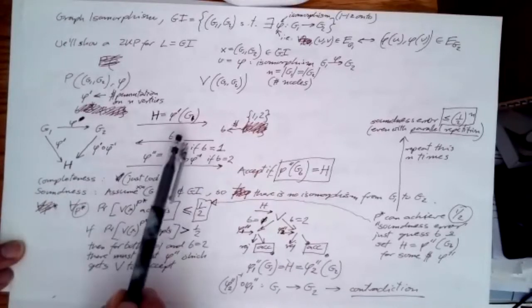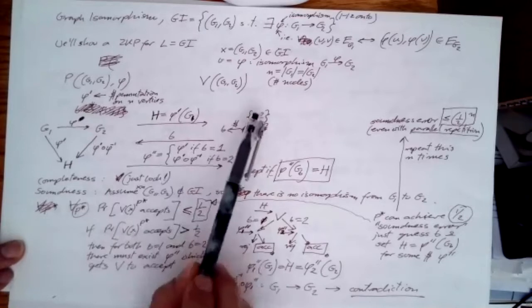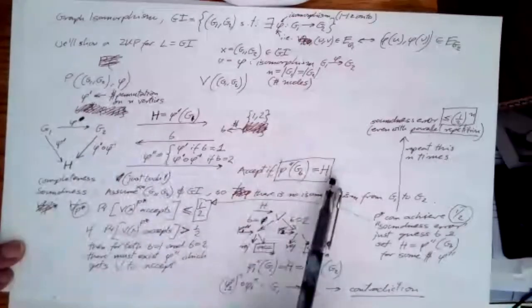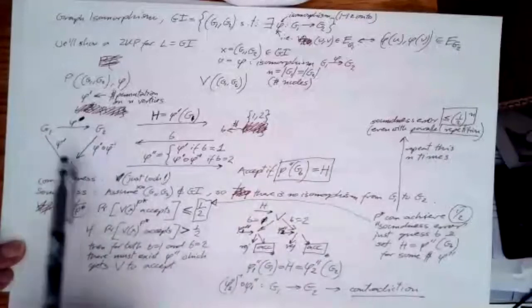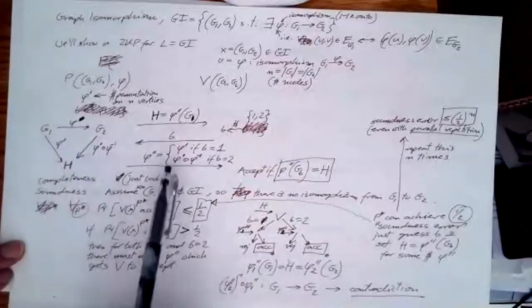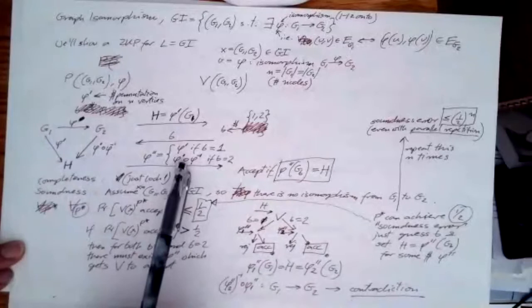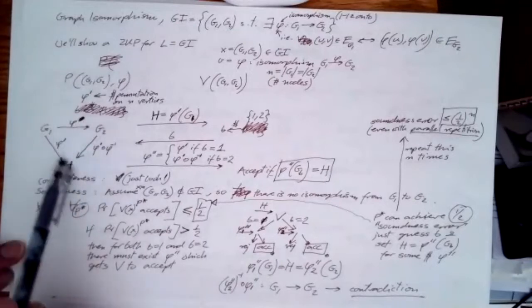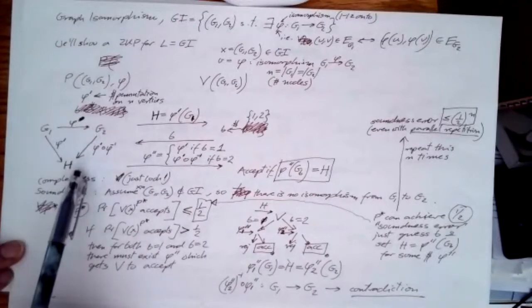Okay, so this is the challenge B equal 1, phi prime is phi prime, and the verifier just checks that indeed H is a phi prime of G1. The other case is using some homomorphic structure of this one-way function.